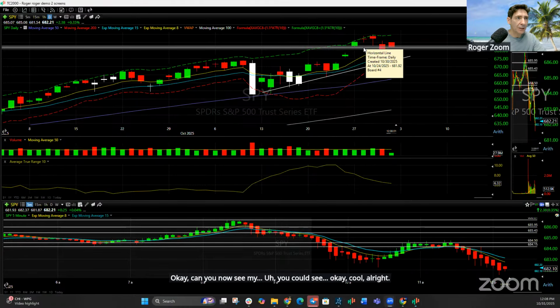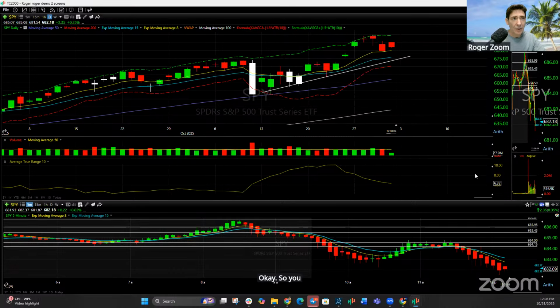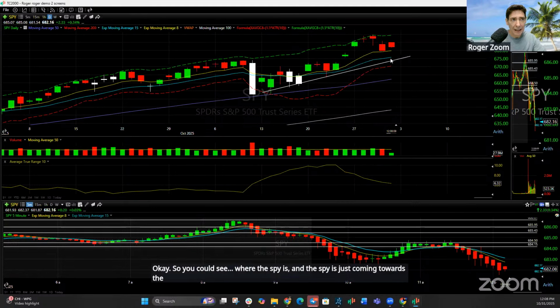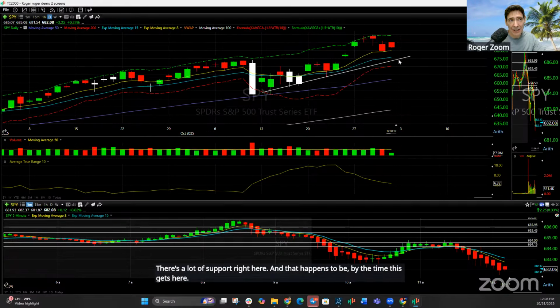All right, delete that line. So you could see where the SPY is, and the SPY is just coming towards the 8-day EMA and the 15. I think there's a lot of support right here. By the time this gets here, if it gets here, this and this line are going to be pretty much aligned.